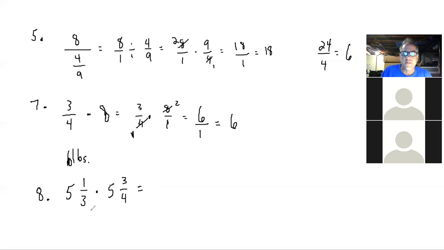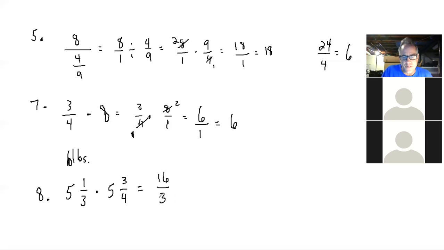So remember, the easiest way to convert this from mixed form to improper form is to take this 3, the bottom, times the whole part plus the numerator. 3 times 5 is 15, and 15 plus 1 is 16. So it's 16/3.